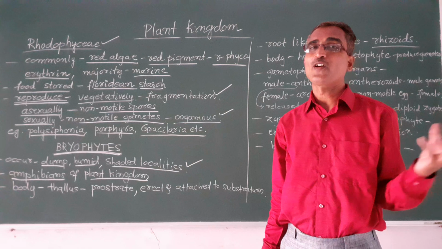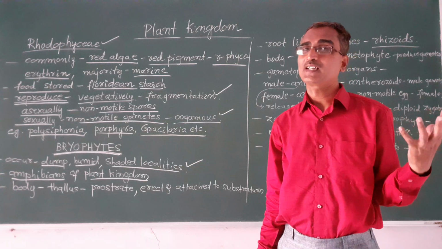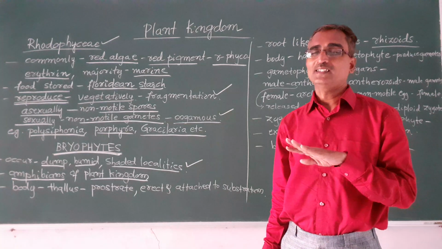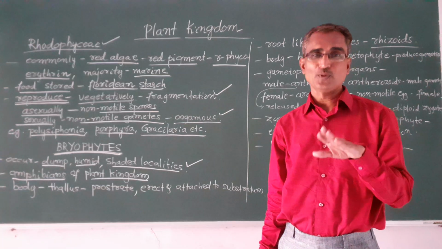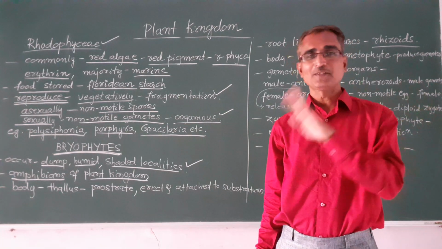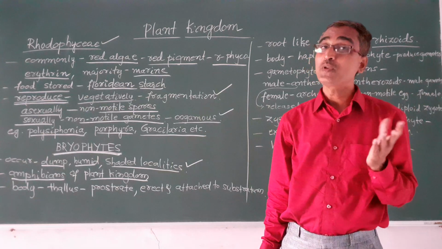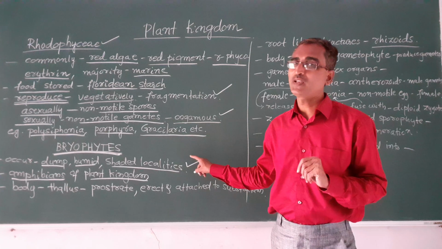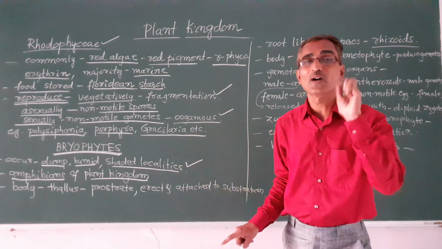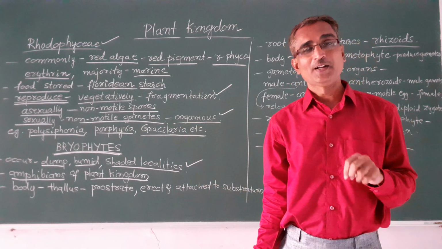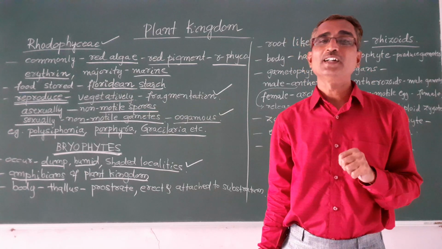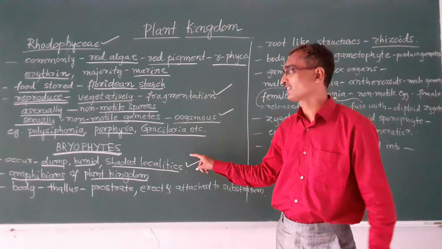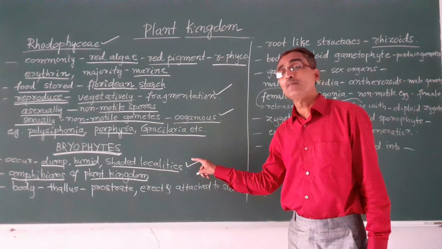In animals, frogs and the like are amphibians because they live both in water as well as on land. So in plants, these bryophytes are called amphibians because they require soil to live, and water for reproduction. That is why they are called amphibians of the plant kingdom.